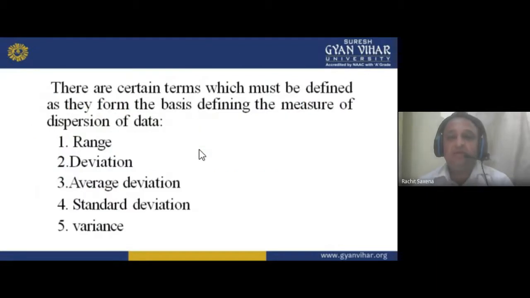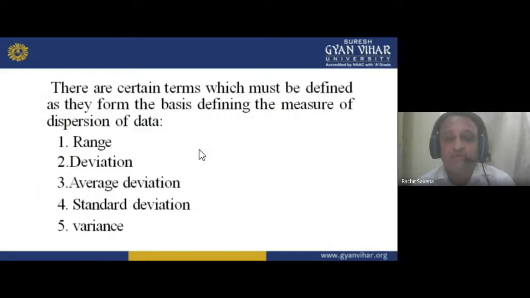Now there are certain terms which must be defined, as they form the basis for defining the measure of dispersion of data. In the previous lecture, I told you about the dispersion of data. I took a graph with two curves, one lying between x1 and x2, another between x3 and x4.